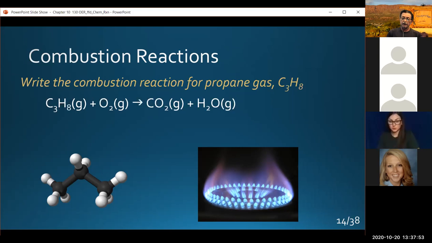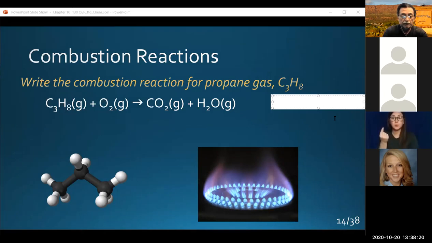So here we have propane gas. This past weekend if you were doing a cookout, that's what you were burning. Propane gas has 3 carbons and 8 hydrogens. You need oxygen. Without oxygen, you can't burn anything. And the products you always get, at least for Chem 130, are carbon dioxide and water. Now, to balance these stepwise, number 1, balance the carbons.